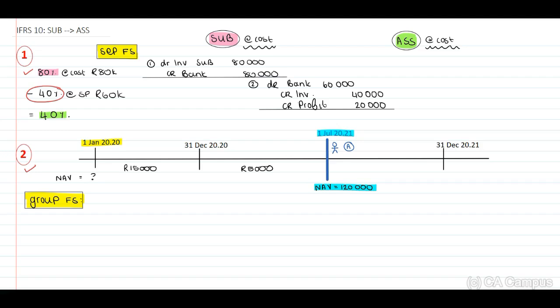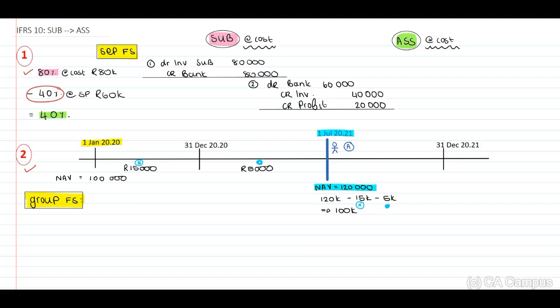How do we do this? We have the end amount. We need the beginning. Therefore, we use the 120,000 minus the 15,000 minus the 5,000. When you look at our timeline, the 15,000 minus the 5,000, and we will have a net asset value of 100,000 at the beginning, at our acquisition period.